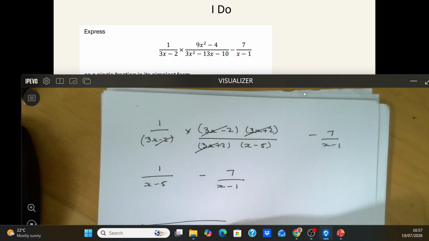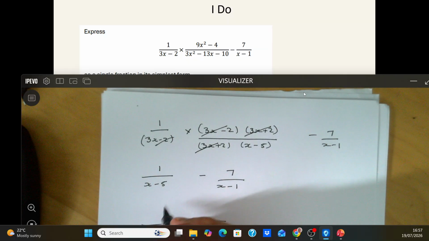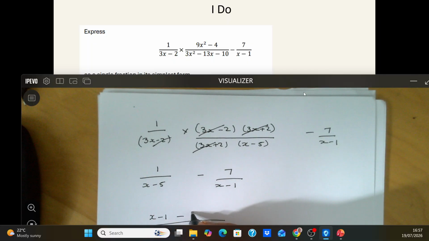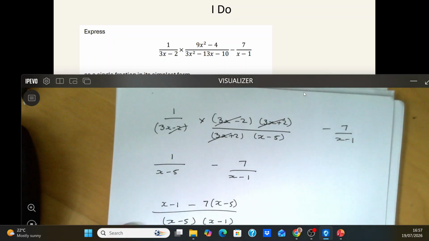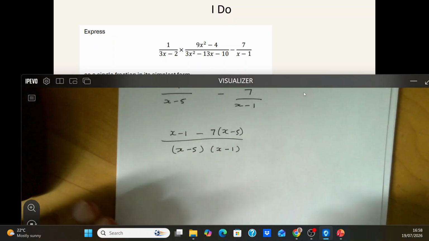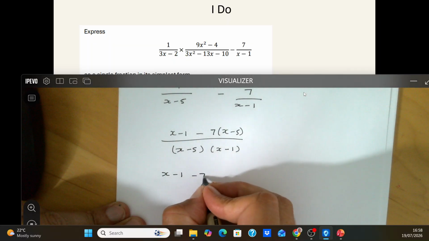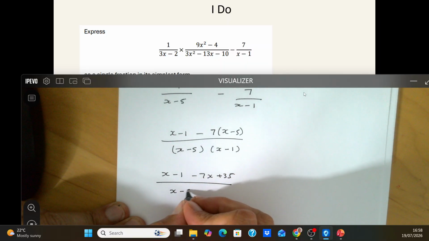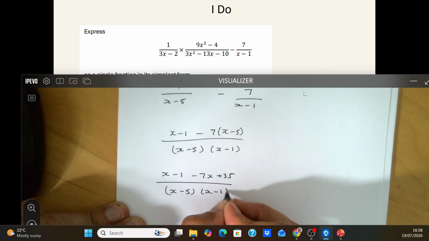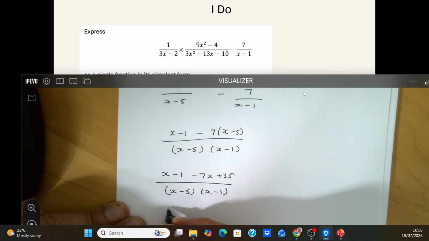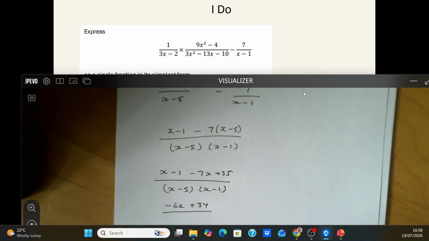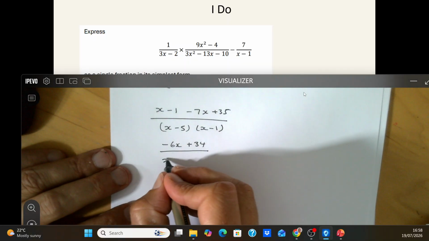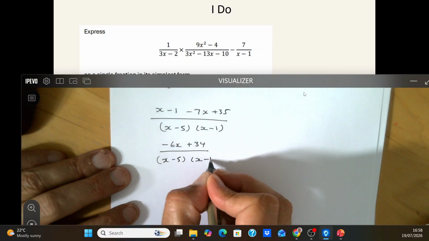Which becomes x minus 5 over x minus 5, x minus 1 over x minus 1, subtract 7 lots of x minus 5. Which is x minus 1, subtract 7x plus 35, over x minus 5, x minus 1, which gives me minus 6x plus 34 over x minus 5, x minus 1.